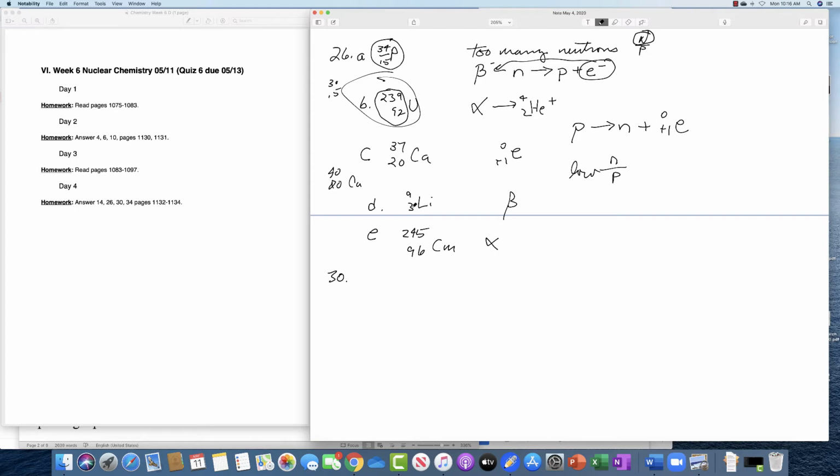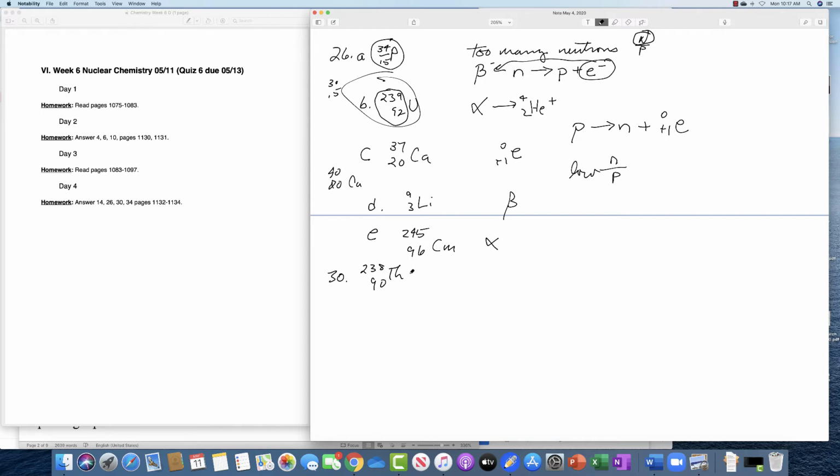We start out with 232, 90, thorium. And it states that you emit 4 alpha particles, then 2 beta particles, then an alpha particle. So let's see what will happen with each of these.